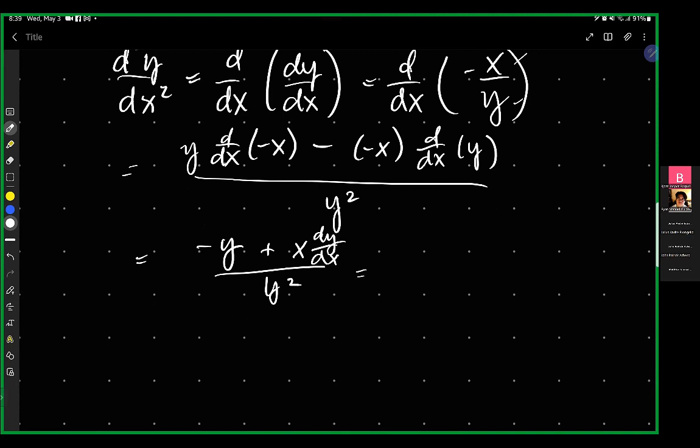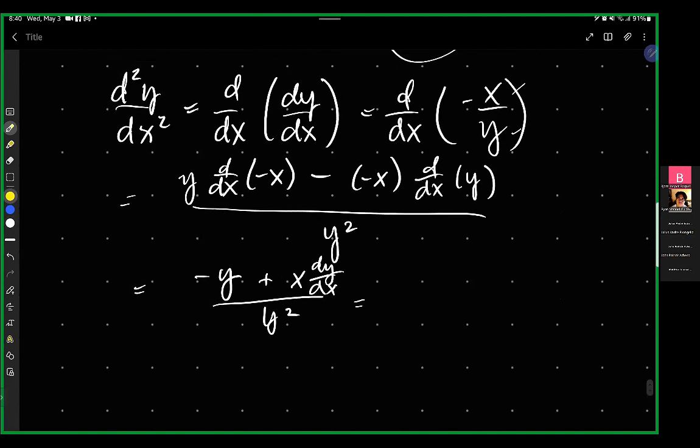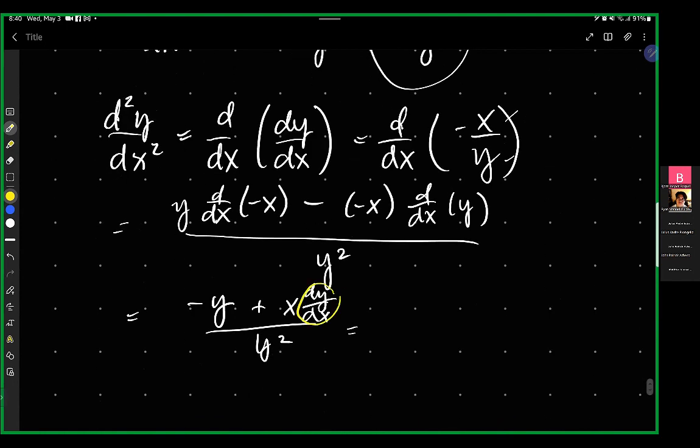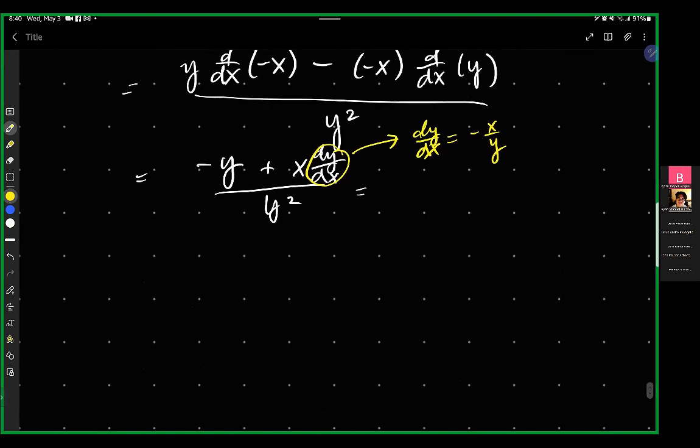simplifying this further, we know from our answer before that we have the first derivative. Now we have an equation for the first derivative, and we know that dy dx, as we have solved before, is just negative x over y. So we need just substitute negative x over y for the first derivative.